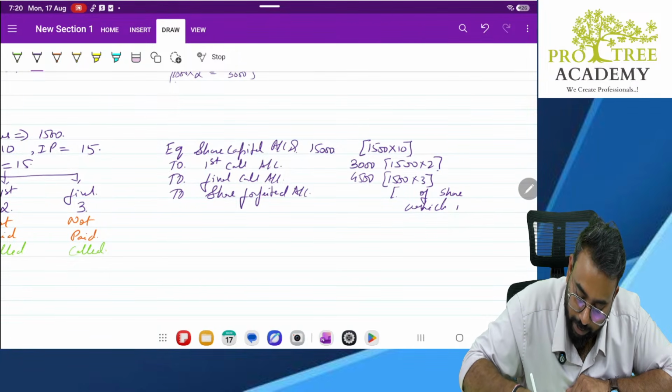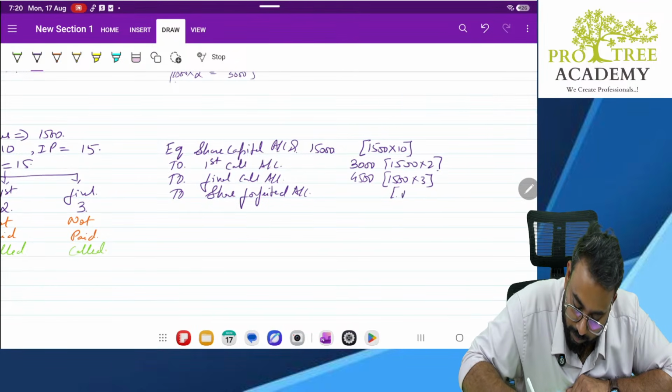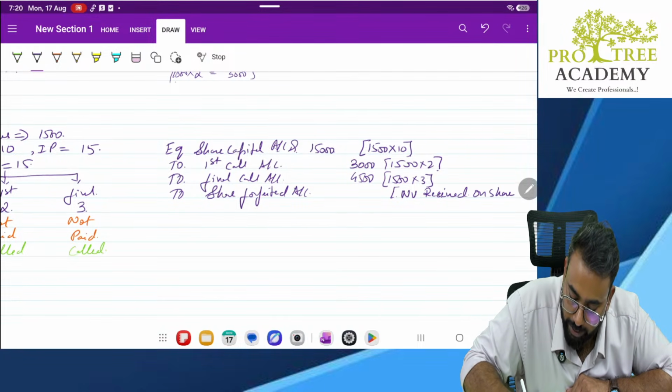I will write it in a better manner so that you understand. Nominal value received on shares cancelled.